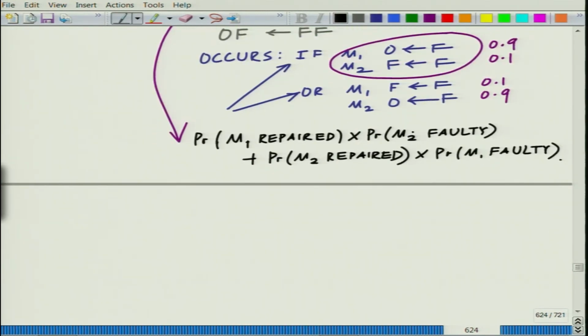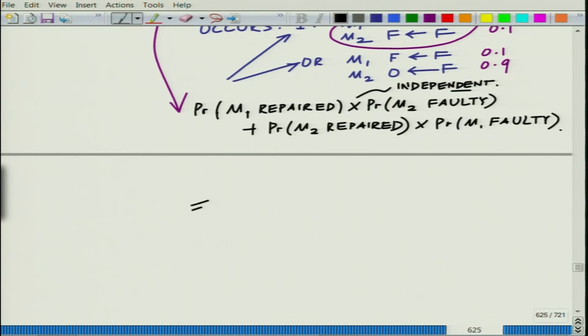The product arises because the events are independent. M1 being repaired does not have a bearing on M2 being repaired, and therefore we multiply the probabilities.